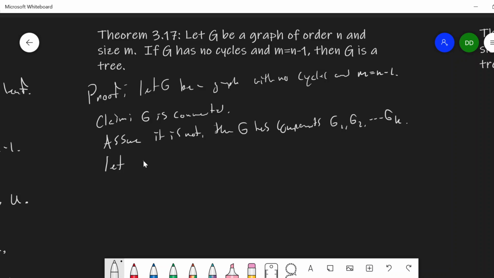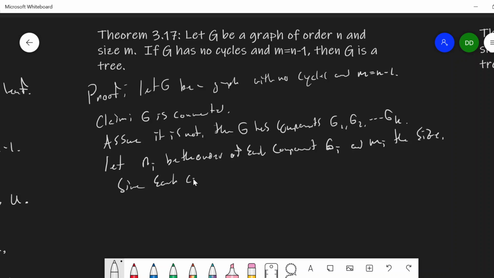Let n sub i be the order of each component G sub i, and m sub i the size. So since each component is a tree, m sub i is equal to n sub i minus 1.